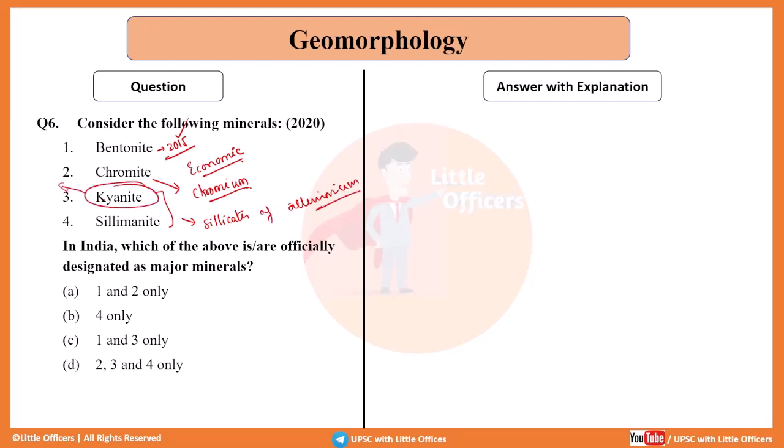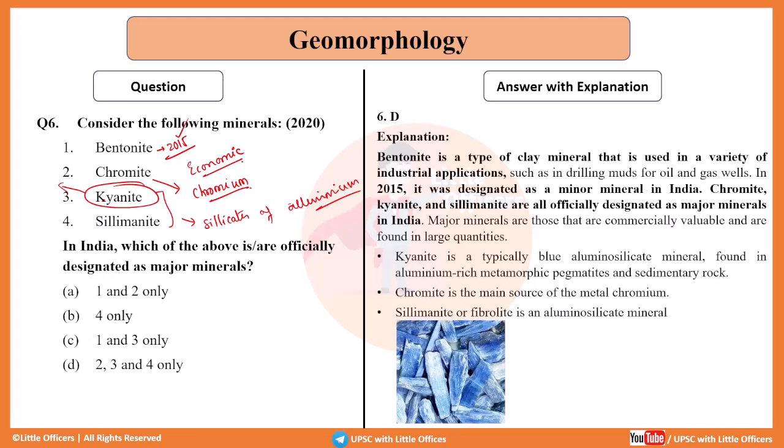Generally, blue stones of low quality can be made out of this kyanite. So kyanite, chromite, and sillimanite are all major minerals, whereas bentonite is a minor mineral. So the correct answer is going to be D here. Now, you can look at the extra information. For example, kyanite is a blue aluminosilicate mineral. This is how it looks.